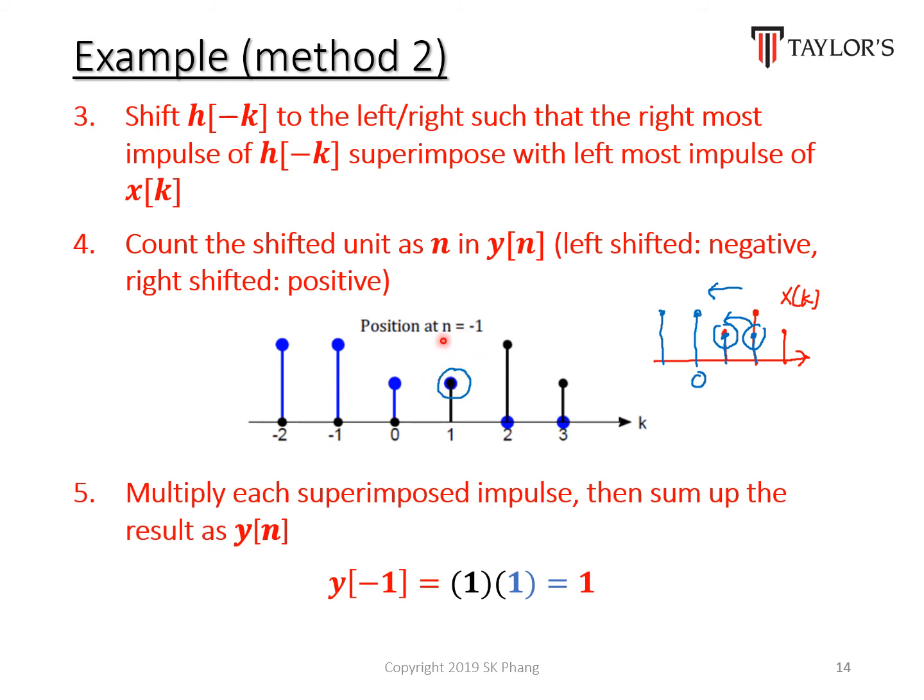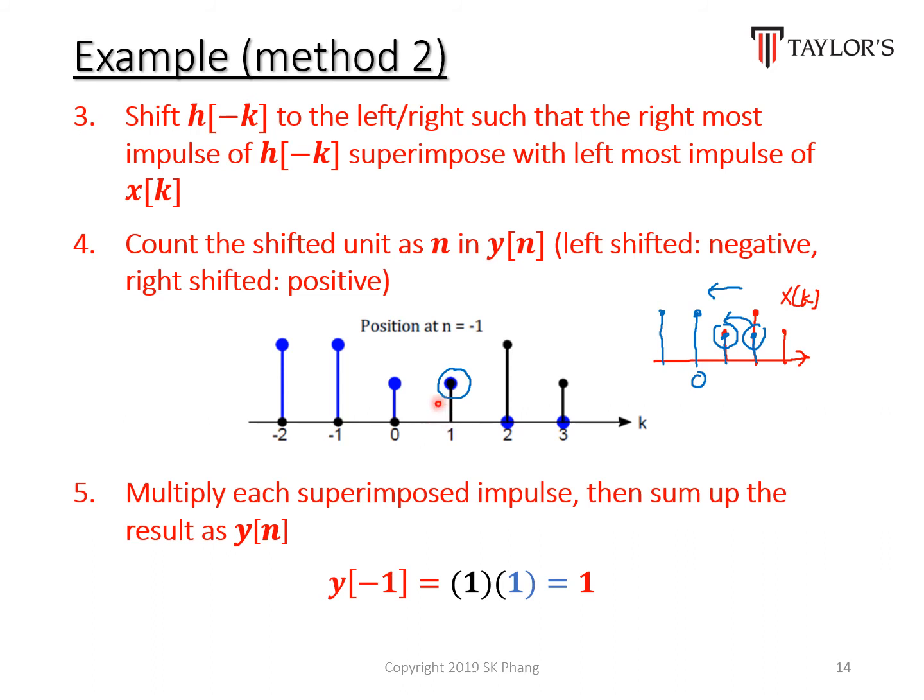So once you shift it to the left, you have to remember, whenever you shift to the left, let's say you shift to the left for one step, you will start at n equals to minus 1, because you shift it to the left for one step. And now you can start doing your calculations.